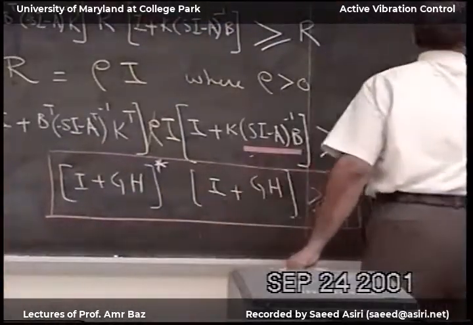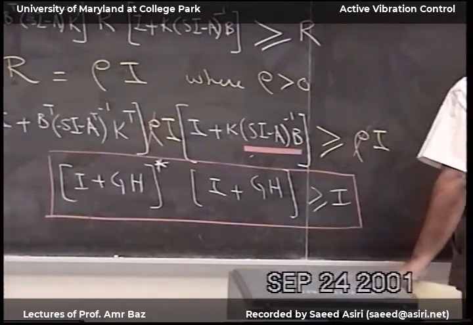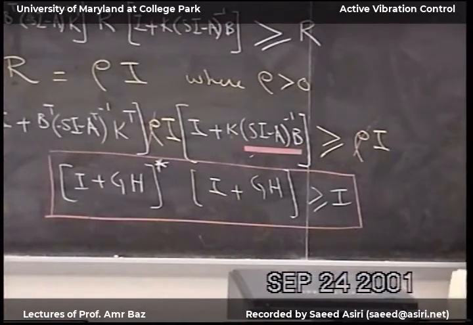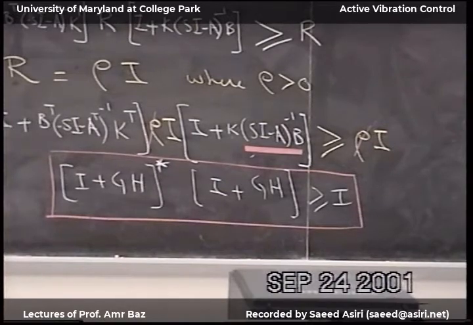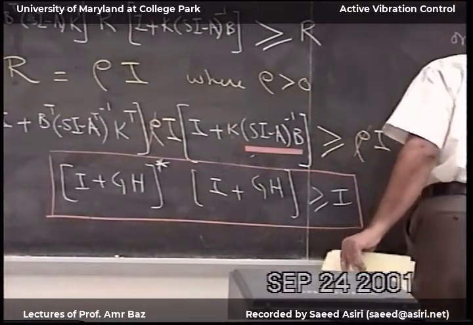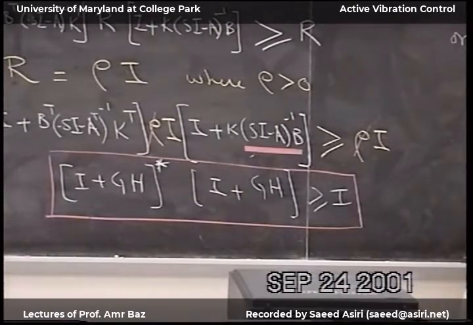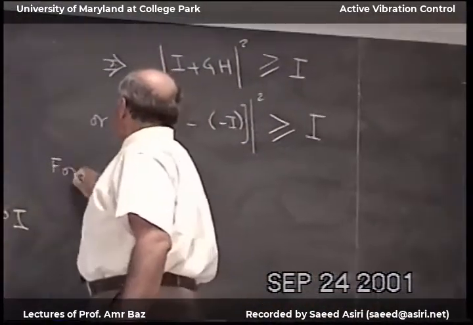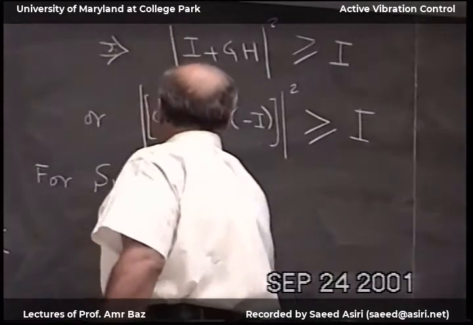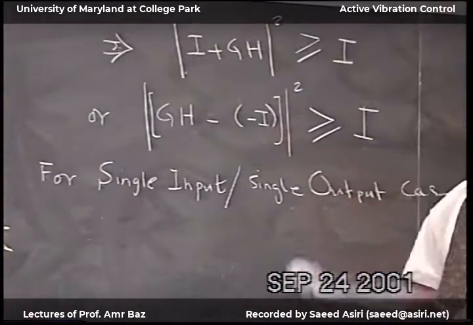Now let's look at this condition now. And now we have I plus G H squared is greater than or equal to I. I can rewrite this equation as G H minus I, and I'll take for the single input single output case, the identity matrix becomes 1.